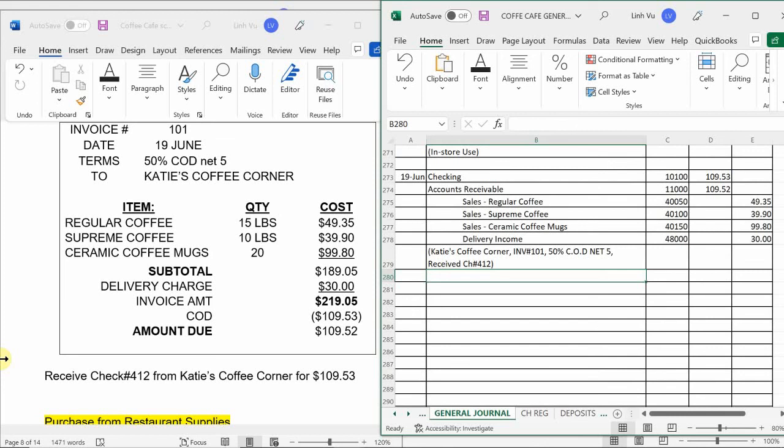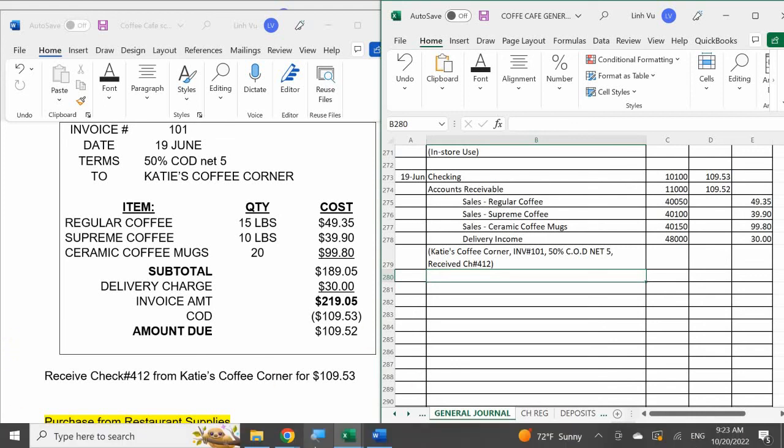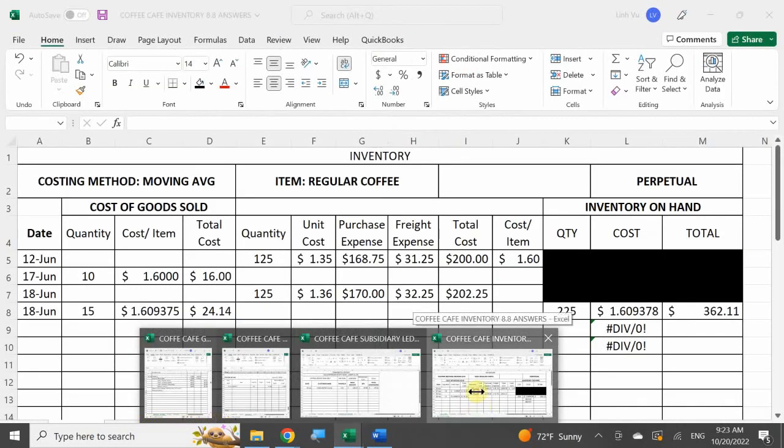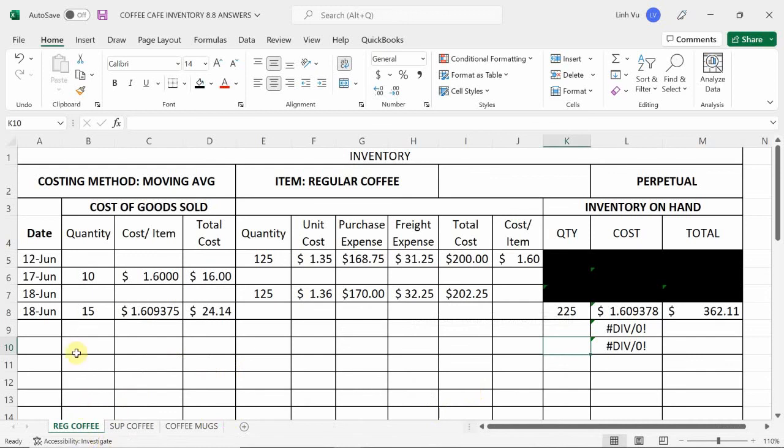We sold the coffee. If I sold the coffee, what happens to my coffee? You have to go to your cost of goods. So in this case, we sold 15 pounds of regular coffee and 10 pounds of the supreme coffee. Good. Okay, so regular coffee.